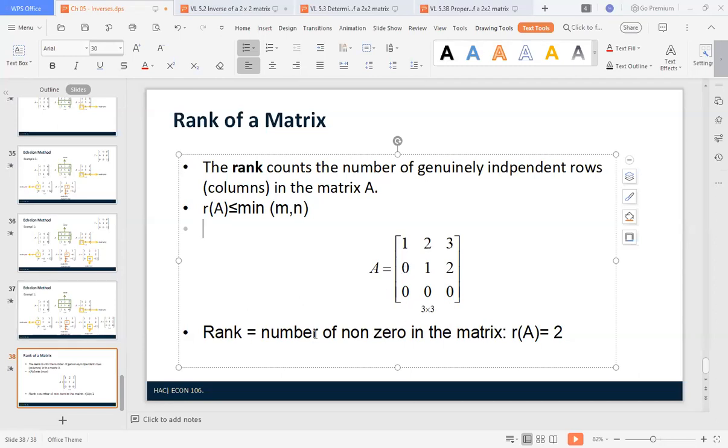So the rank for this matrix is the number of non-zero rows in the matrix. So the first row is non-zero, the second row is non-zero, the third row is 0 in the matrix. Therefore, the rank of this matrix is equal to 2.